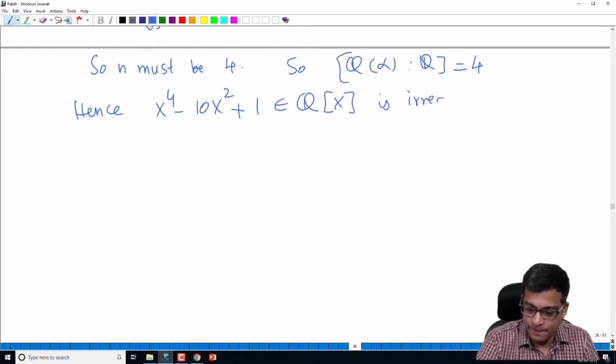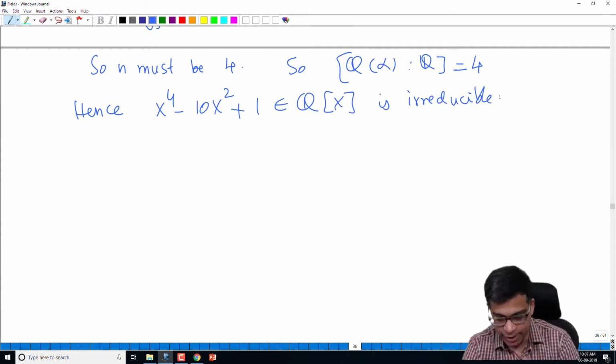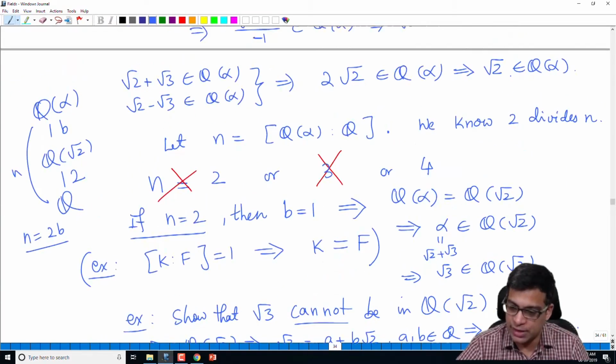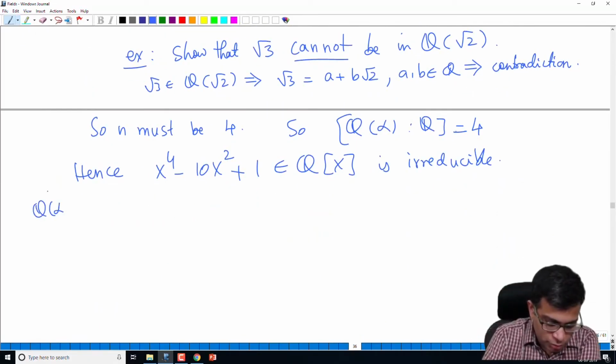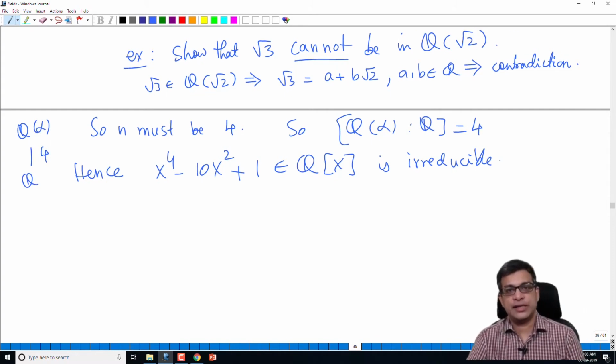We can say this. See, we have no direct way of checking that this polynomial is irreducible. But indirectly we have checked that it is irreducible. Why is that? We know that Q alpha over Q has degree 4. That means 4 is the smallest degree of a polynomial that has alpha as a root. This polynomial has alpha as a root. Nothing smaller has alpha as a root.